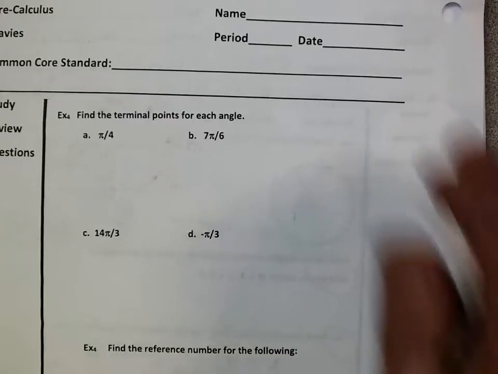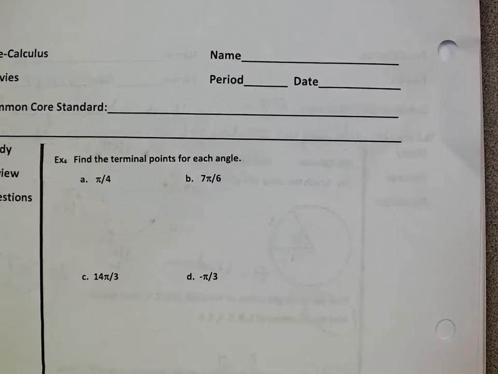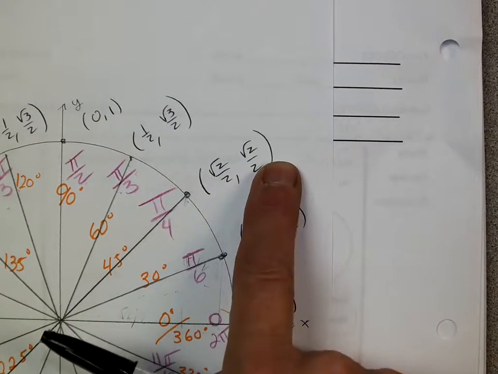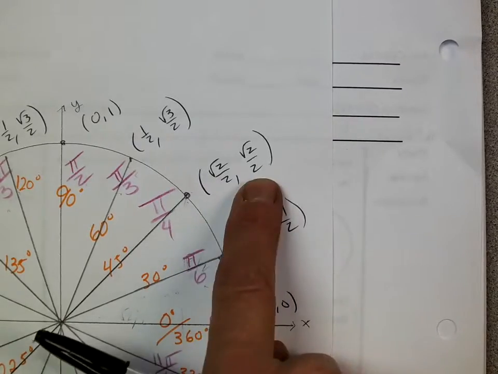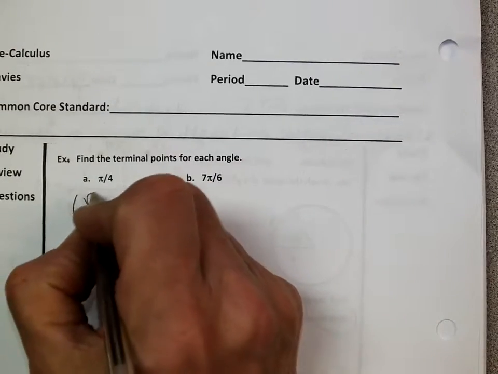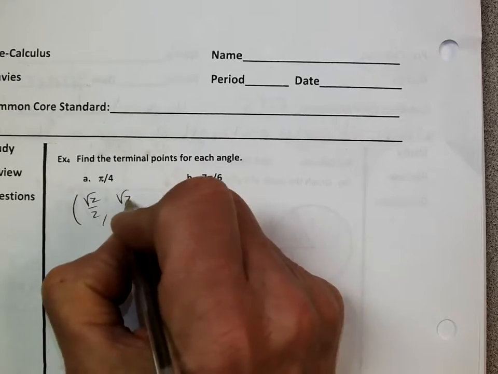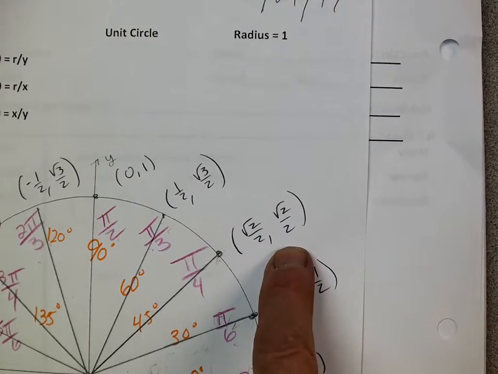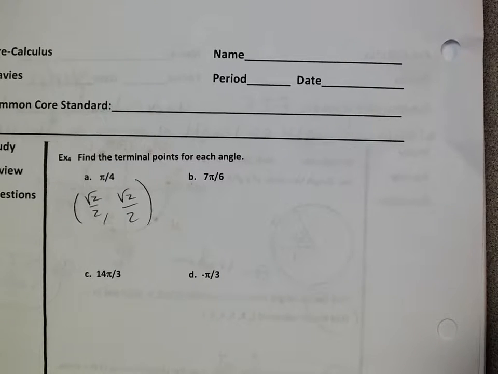Okay, now, example 4. Find the terminal point for each angle, all right? So pi fourth. Let's see, pi fourth is there, right? What's my terminal point? Square root of 2 over 2, comma, square root of 2 over 2. That's the terminal point for pi fourth, right? 7 pi 6.